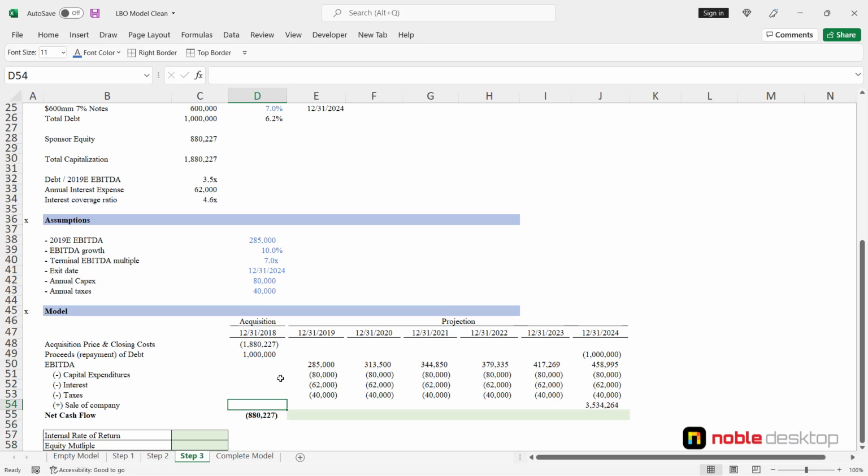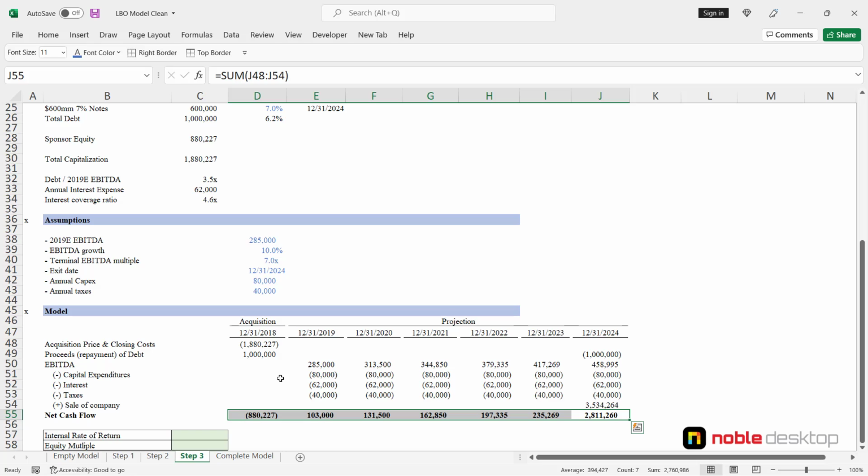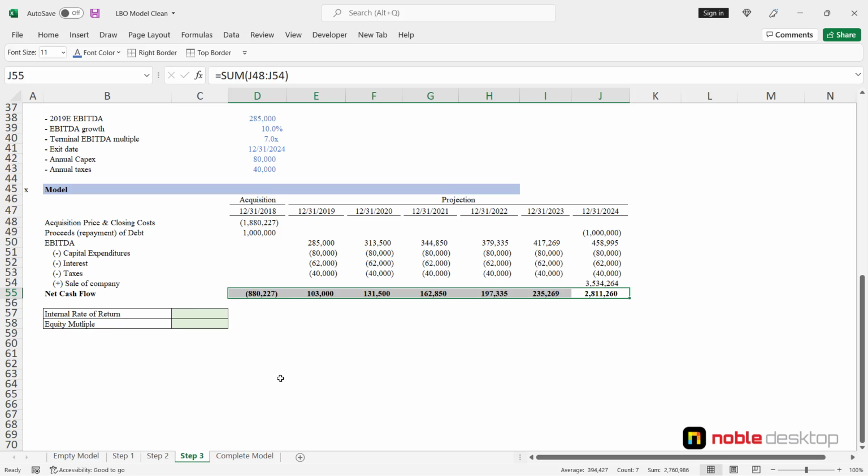One arrow up, control right arrow to go to the first filled cell, one arrow down, shift control left arrow to highlight up to the first filled cell, control R to fill everything to the right. And here's my net cash flow. Great job, guys. Now we're coming to our crucial parts, calculating internal rate of return and equity multiple here.